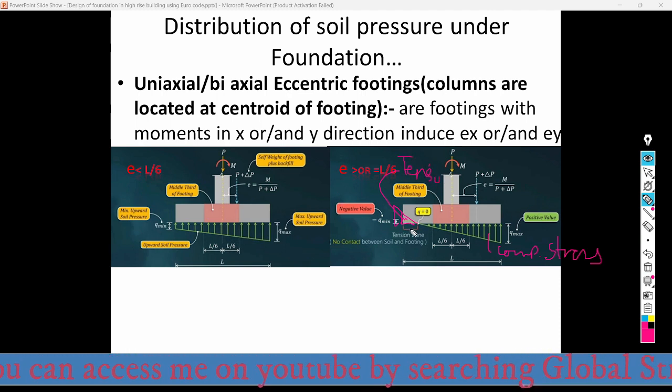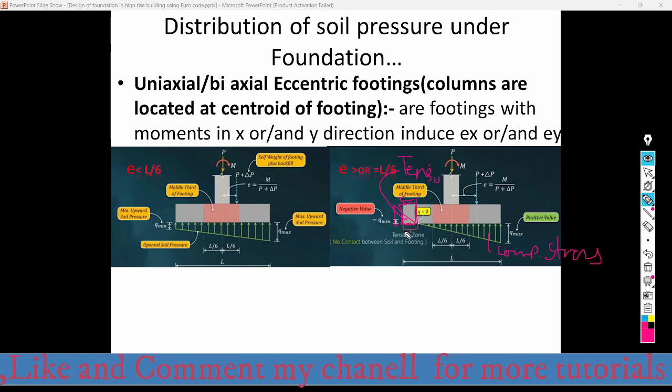So tensile stress under the soil is not advisable for foundation design. So we need to exclude this area, the area which is on the left of this point, and we need to increase the area of the foundation by this magnitude because this is ineffective area.